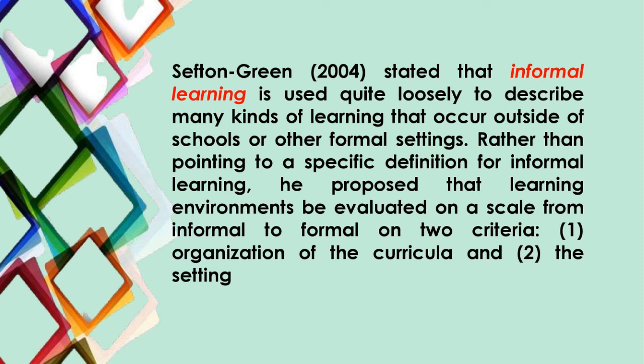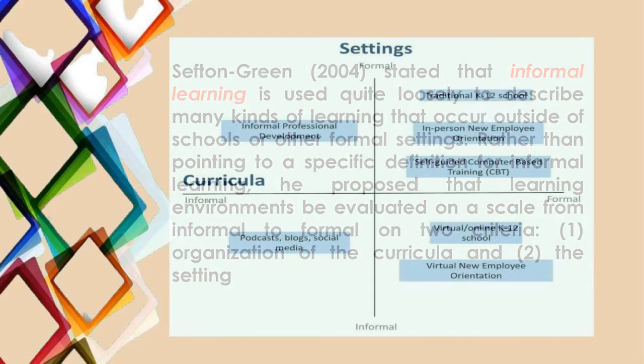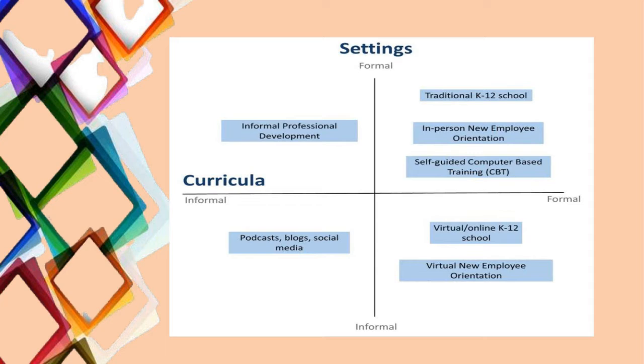First is the organization of the curricula, and the second is the setting. Let's evaluate learning environments. As you can see in the picture, it shows a spectrum with the setting and the curricula.